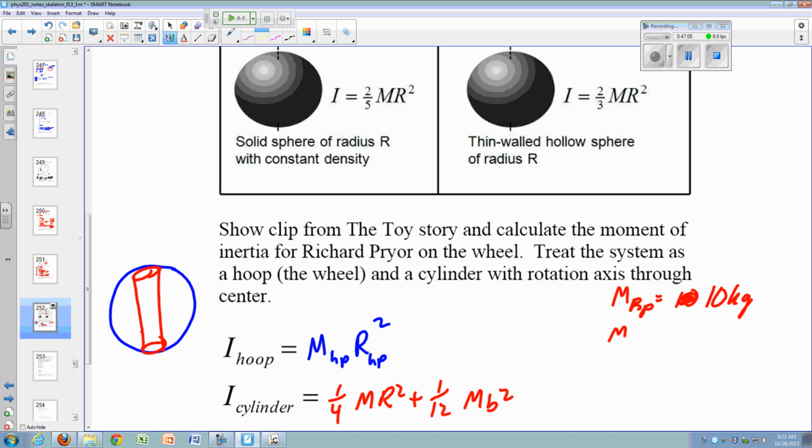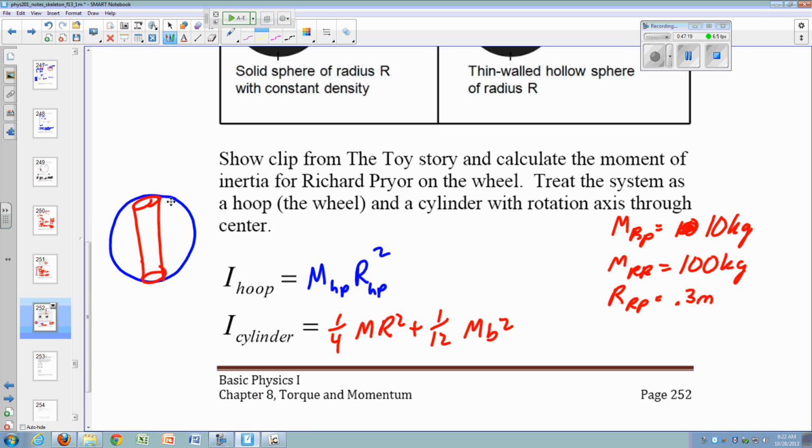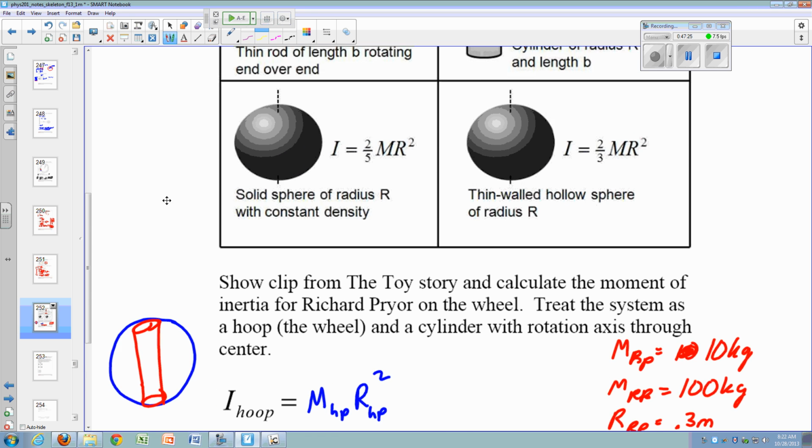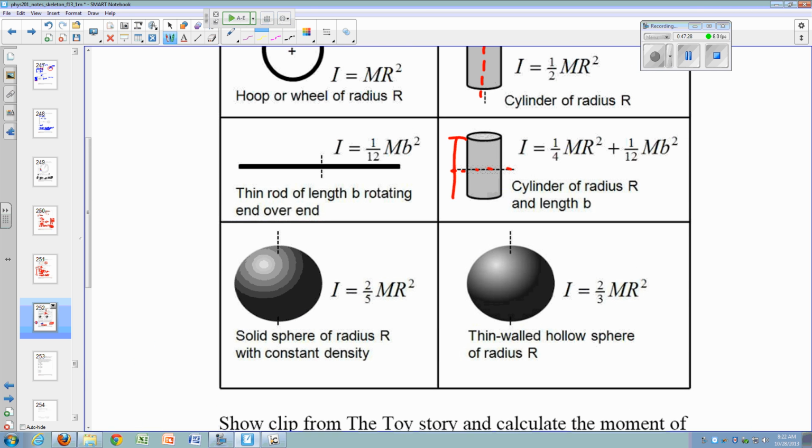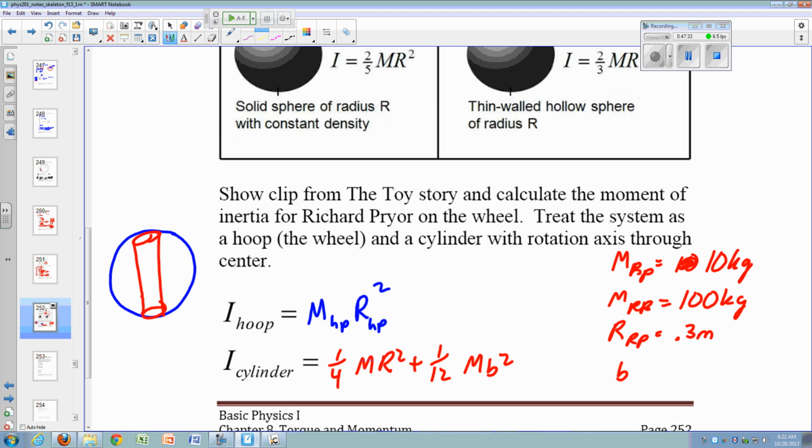The mass of Richard Pryor will be 100 kilograms. The radius of Richard Pryor will be 0.3 meters. If we describe him as a cylinder, what is that radius? About 30 centimeters. And the height of Richard Pryor on this cylinder, that's going to be this length, which is B. So we'll take B to equal 2 meters.